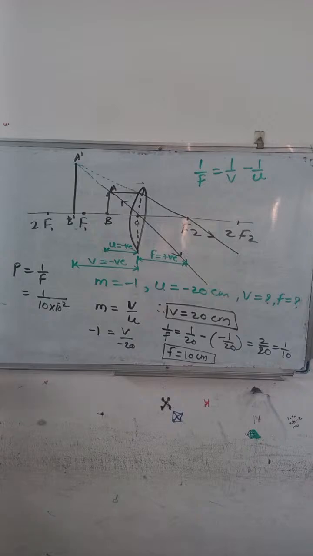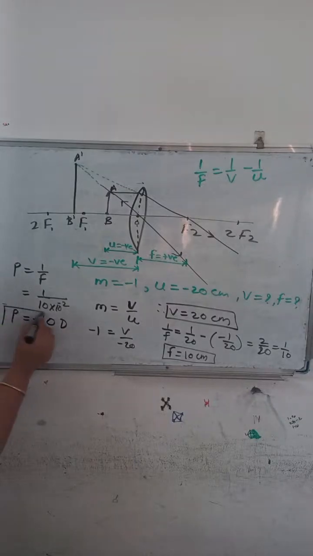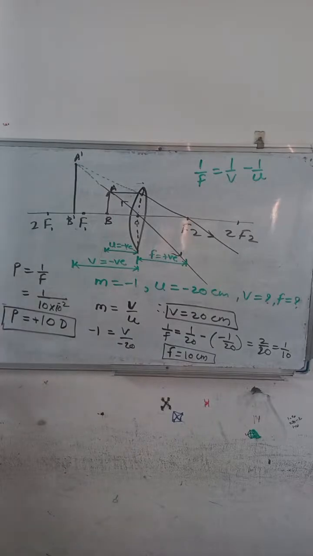So you will get the answer 10 diopter, because 10 to the power of -2 will go up, so that will become 100. 100 by 10 is nothing but 10. As it is a convex lens, power is positive, that is plus 10 diopter. This is the answer.